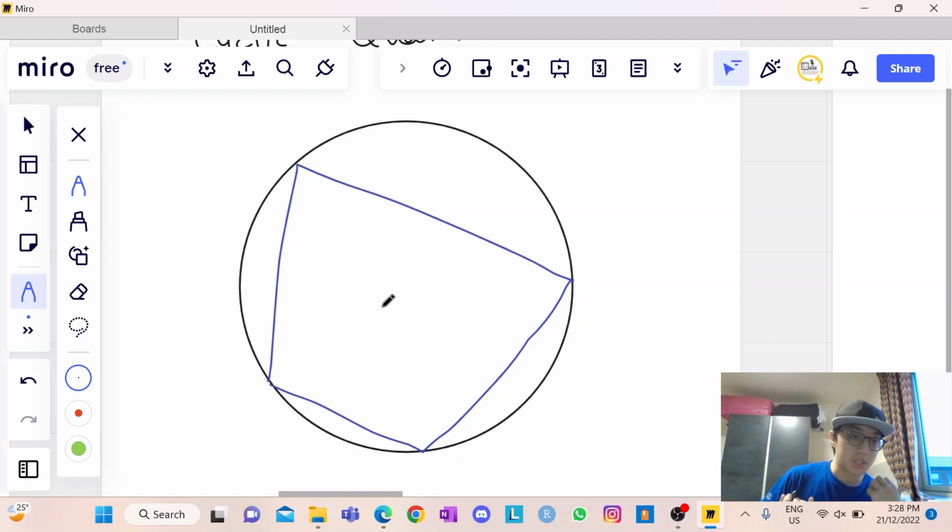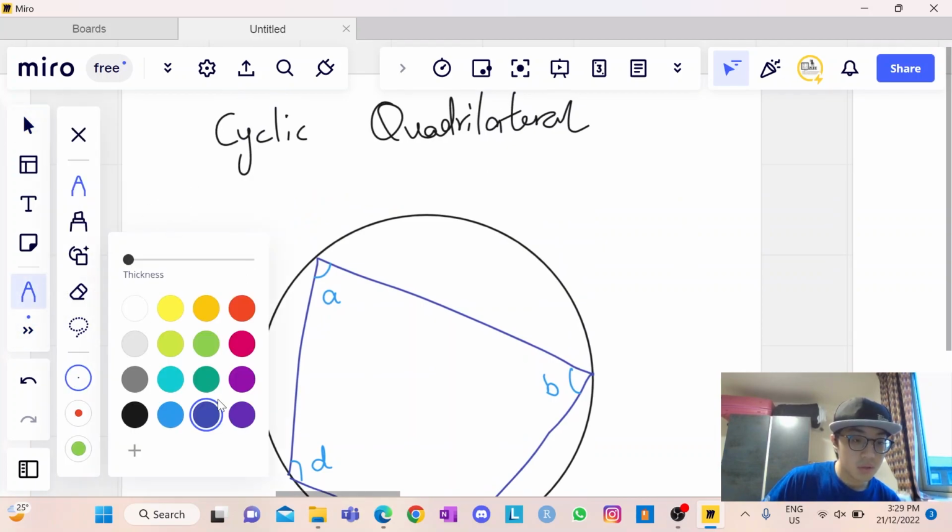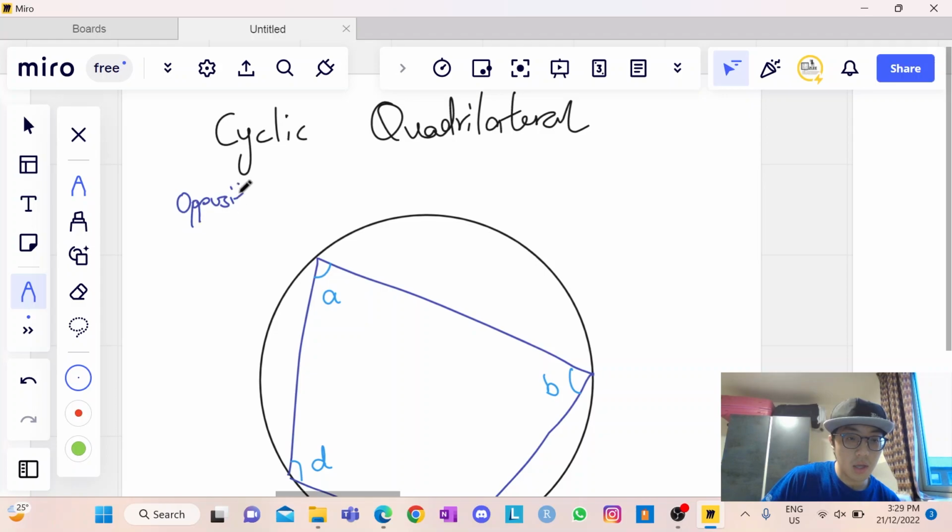So what properties can we get here? Let's name all the angles here as A, B, C, and D. If you get a question like this, during my time, I liked this property the most because it's the easiest. What the cyclic quadrilateral suggests is that the opposite angles add up to 180 degrees.